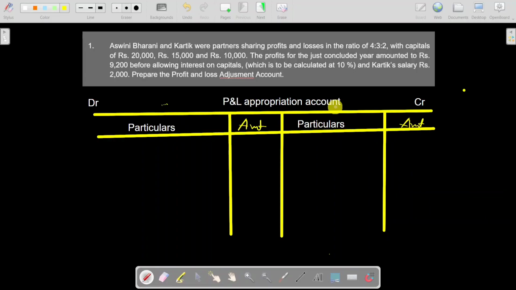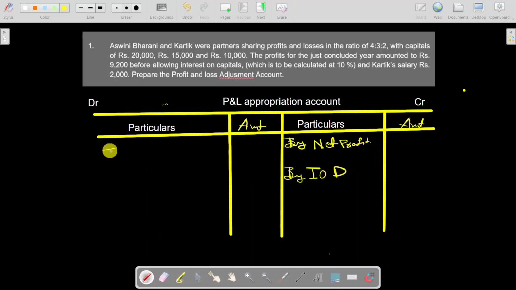We will have debit and credit, and we know the format. On the credit side, first we take net profit, and here we will have only one more item on the credit side, that is interest on drawings, and the remaining items will come under the debit side.